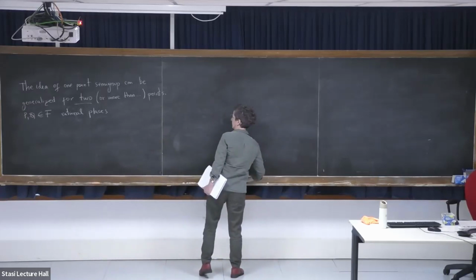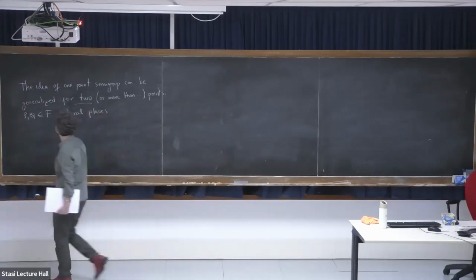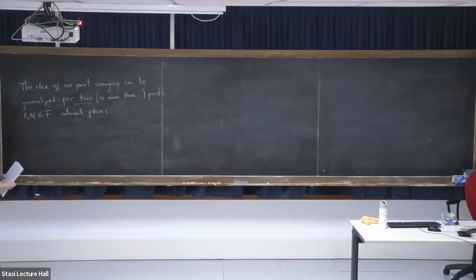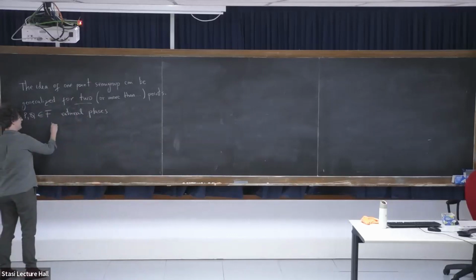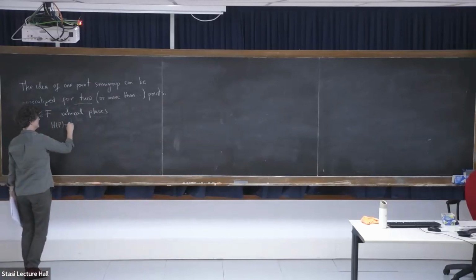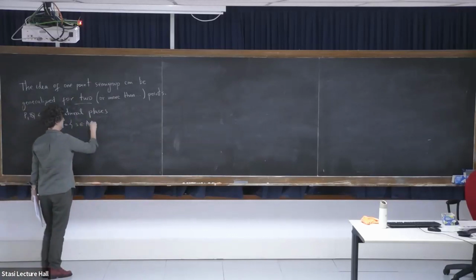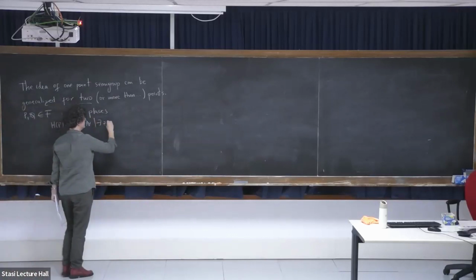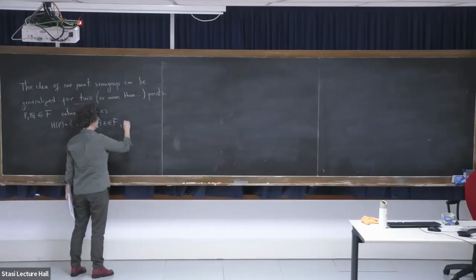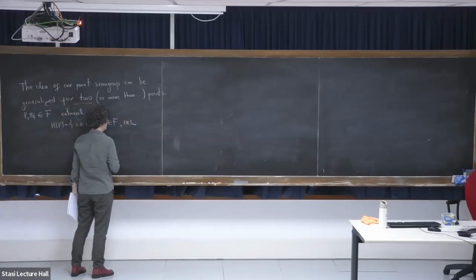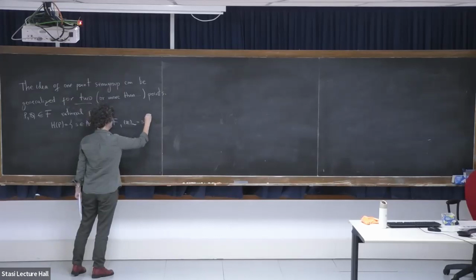So you can always take a degree 1 place. So remember we had this, such that there is a function and the pole divisor of z is just sP.